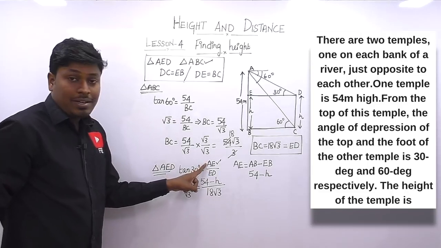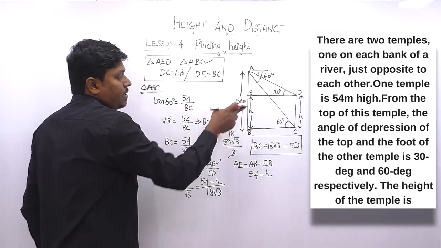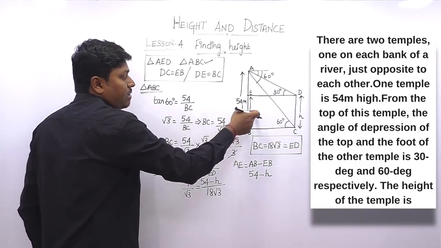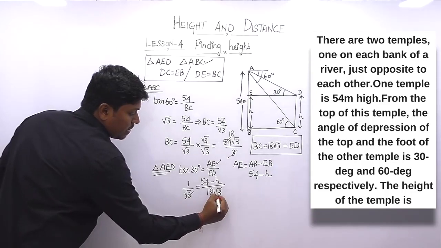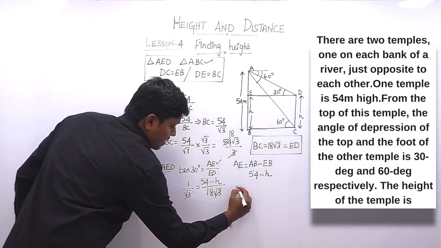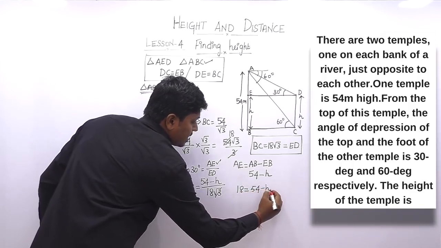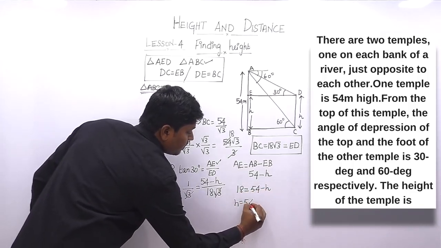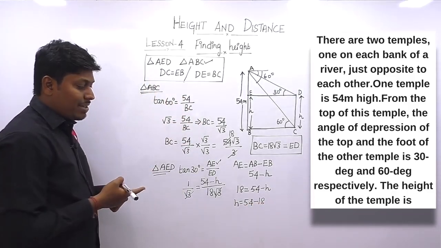In order to find AE, AE is equal to AB minus EB, so this can be written as 54 meter minus H. Now we can cancel root 3 and root 3. So this can be written as 18 is equal to 54 minus H. So H is equal to 54 minus 18, and 54 minus 18 will be 36.